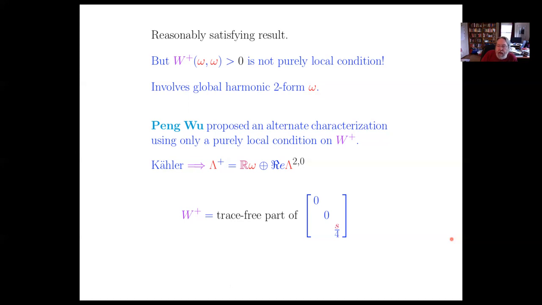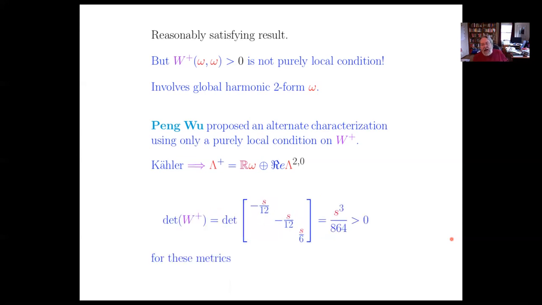But that's spanned by the Kähler form and the real and imaginary parts of holomorphic two-forms on a Kähler surface. So in fact, you can then show that W plus has two equal eigenvalues, minus the scalar curvature over 12, and one other eigenvalue, scalar curvature over 6. And in particular, its determinant is everywhere positive.